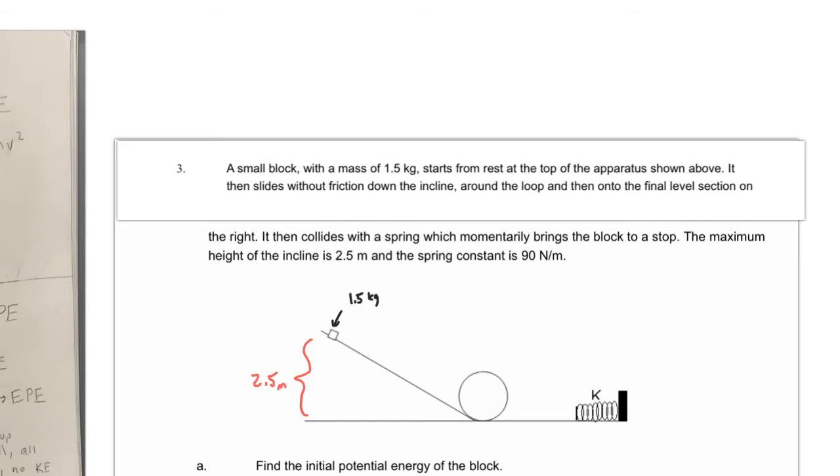So the K constant, the spring constant, this K is 90, so we're just going to say that is 90 newtons per meter. So yeah, we sort of properly labeled everything. I think that's all we can say at this point.